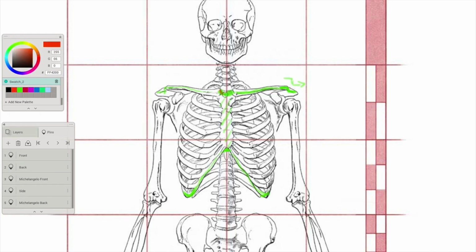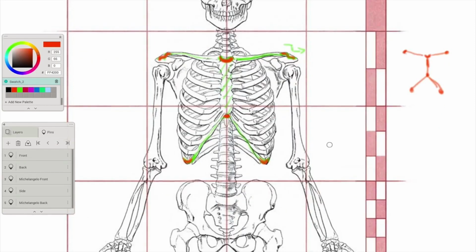So in summary, we're looking at the pit of the neck, shoulder point, end of the sternum, and the 10th rib. So we have something like this. Which is not too difficult to remember.